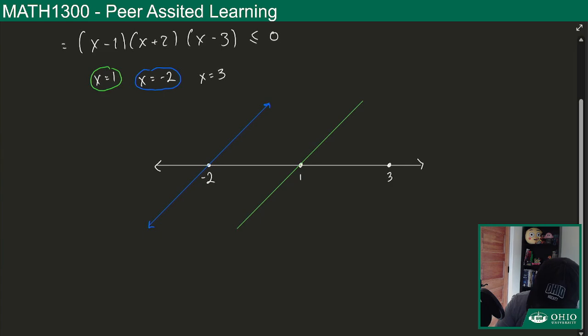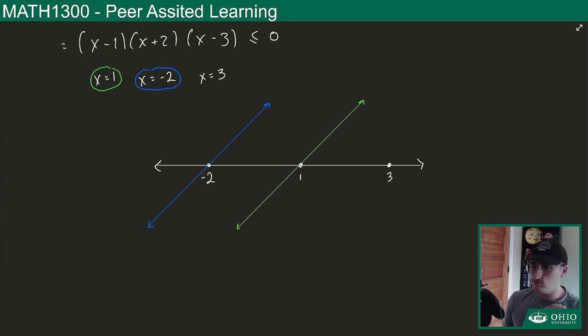All right, yeah, there we go, that's fine. So my positive linear line, and again, we're not super worried about the angle. I could draw these super steep, super shallow. What I'm trying to convey is that on the line x minus 1, if x is greater than 1, everything's going to be positive, and if x is less than 1, everything's going to be negative.